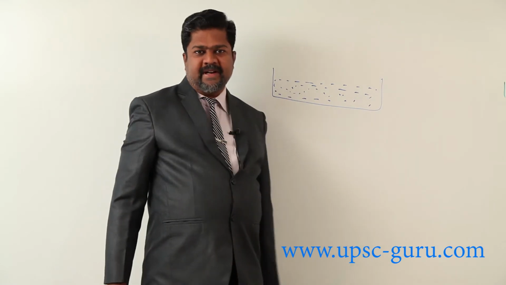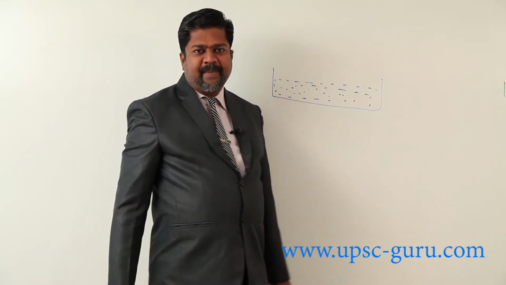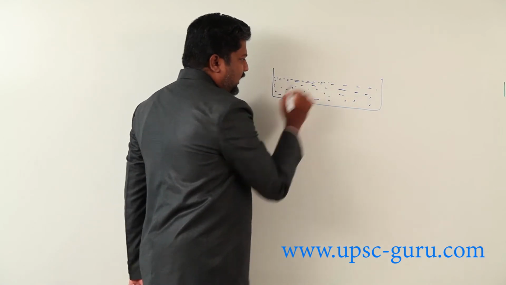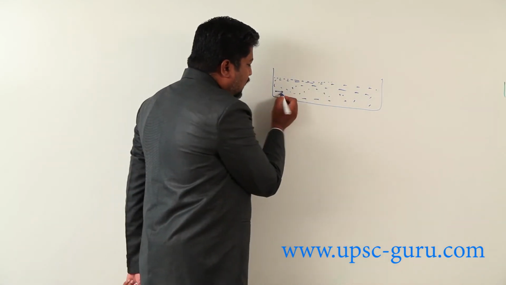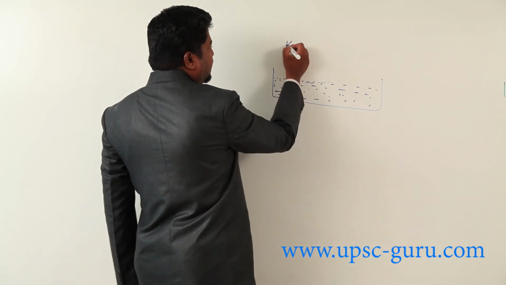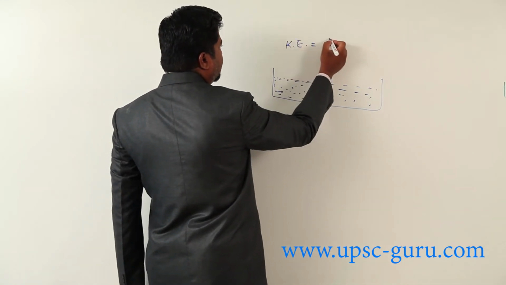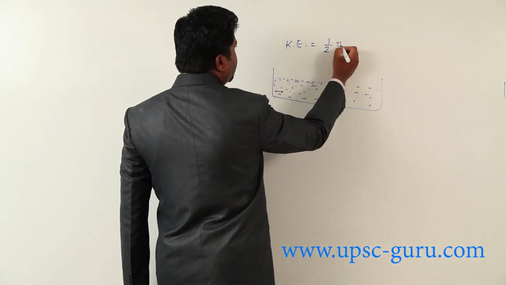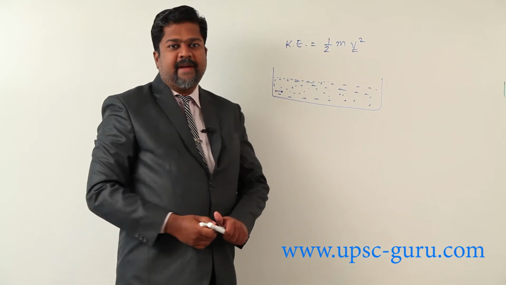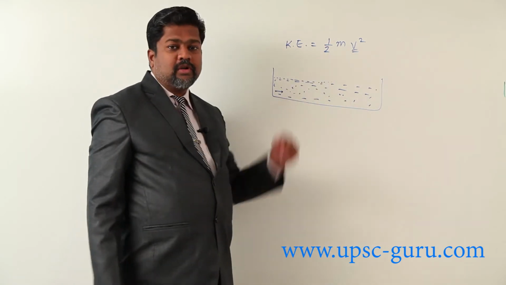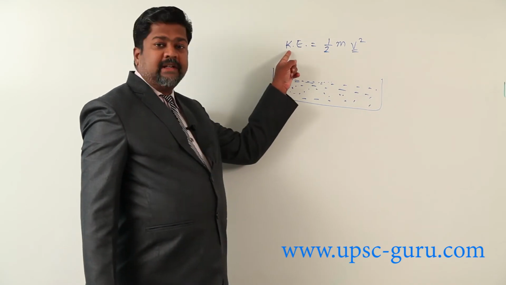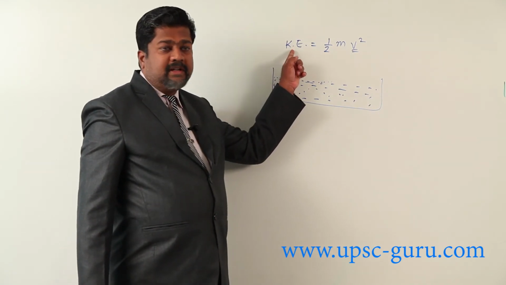This is volume maintenance. I am increasing the temperature. What will happen? The volume will expand slightly. Why? Because the velocity of molecules will increase. You are aware of the kinetic energy of a molecule, half mv square, where v stands for velocity and m stands for mass. Now the mass of the molecule will remain the same, so if I supply energy, the kinetic energy will increase.